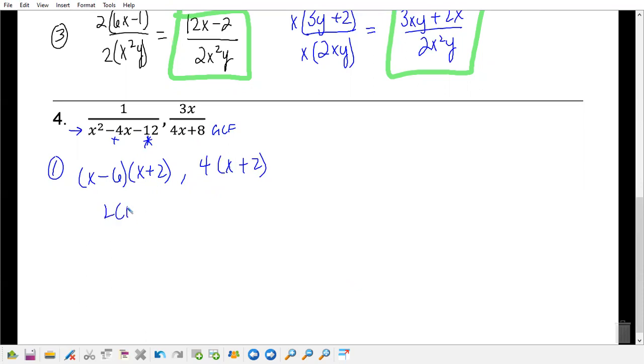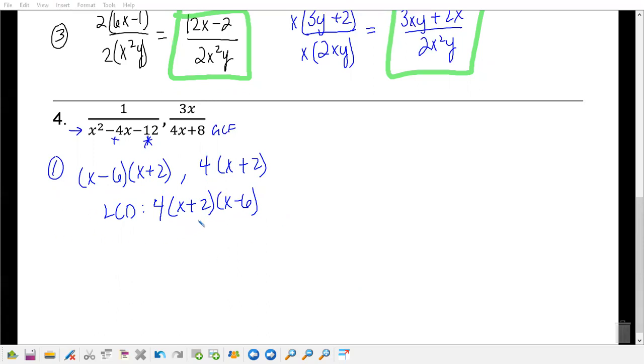So the LCD is, what do they have? 4, it's the only 4. I can write it in prime factorization, which would be 2 squared. x plus 2, we each have only 1. And x minus 6 needs to be represented. So my LCD is 4 times x plus 2 times x minus 6.